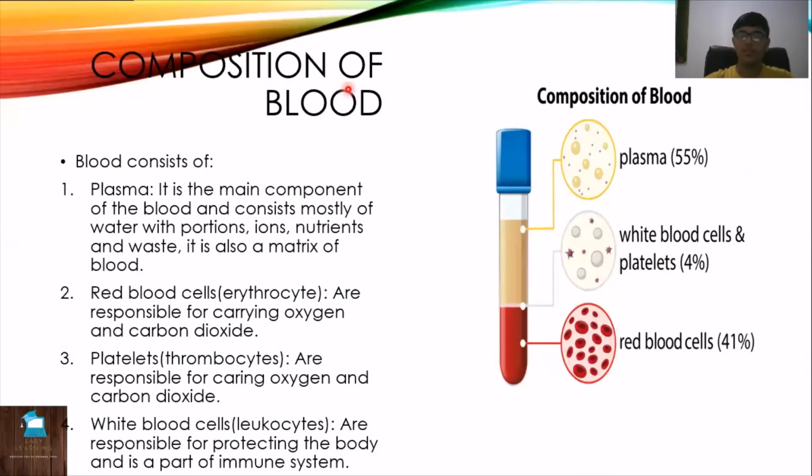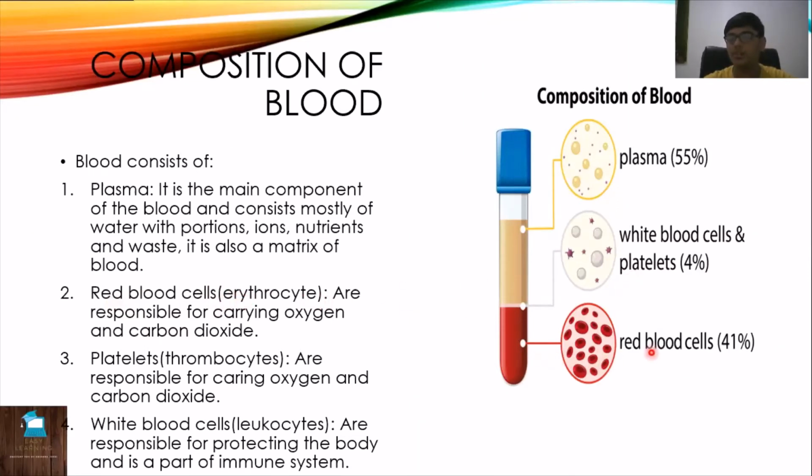The composition of blood: here you can see plasma. It is the main, most abundant component. It has 55%. It has waste materials and is mainly composed of water. Then next is RBC, red blood cells, or erythrocytes, which is the scientific name.